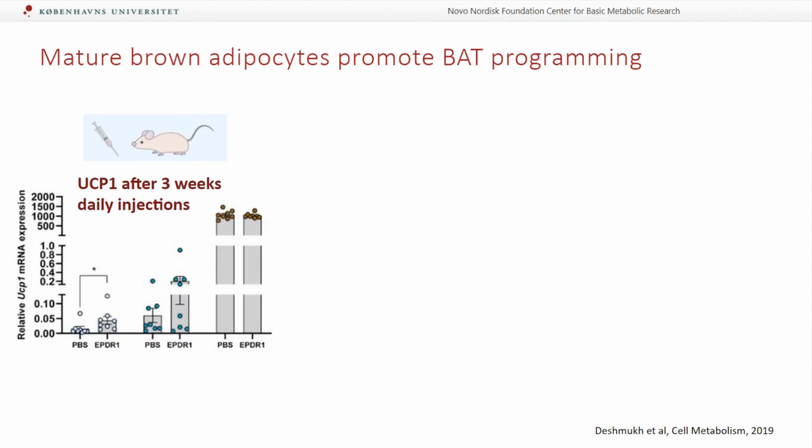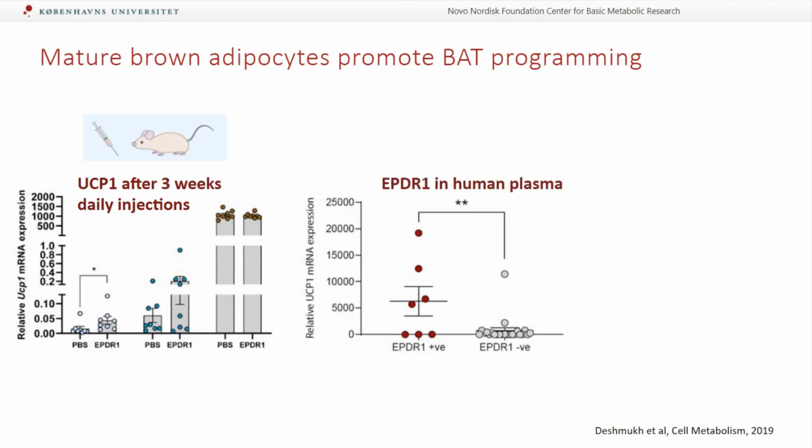We then injected EPDR1 in mice daily for 3 weeks, and then we saw an increase in UCP1 expression in the white adipose, both in the epididymal and in the inguinal fat. And to investigate if EPDR1 could actually be a circulating factor, even to affect browning of white fat via the vascular network, we measured it in human plasma.